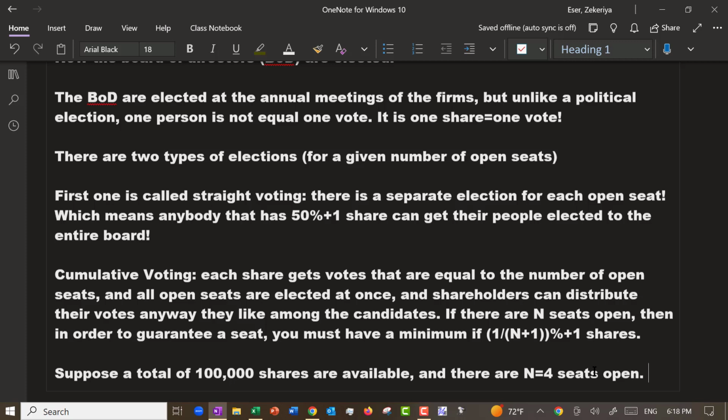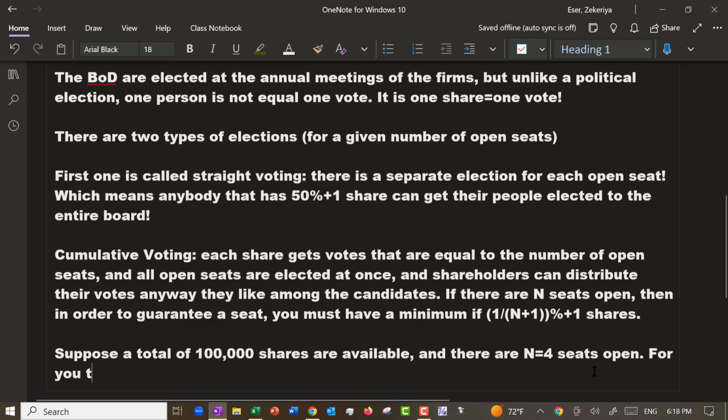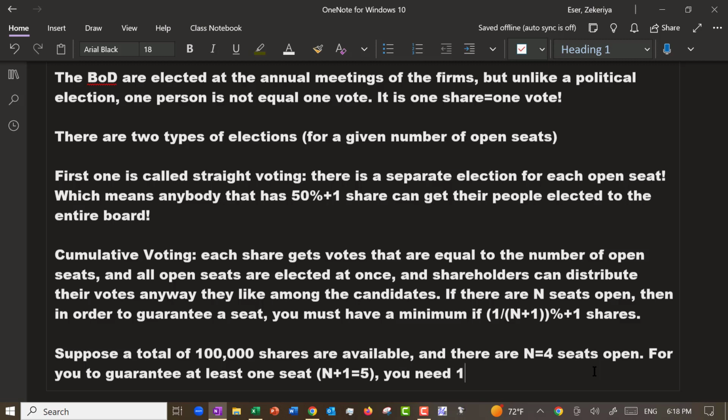For you to guarantee at least one seat, remember n plus 1 equals 5 in this case, you need 1 over 5 times 100,000 plus 1, or 20,001 shares.